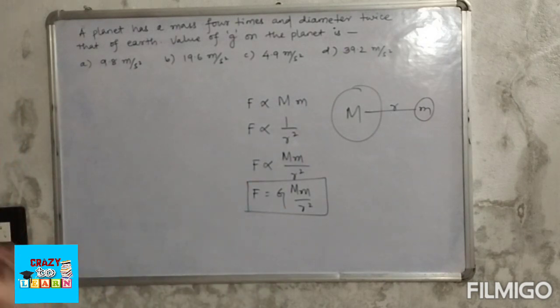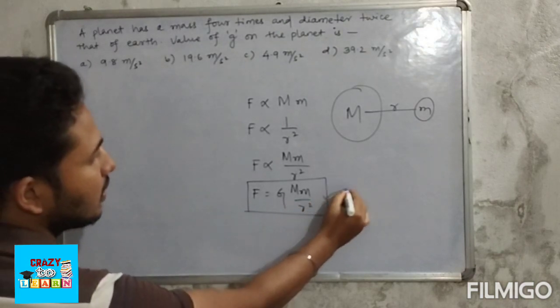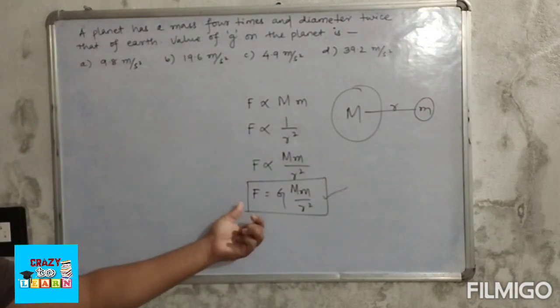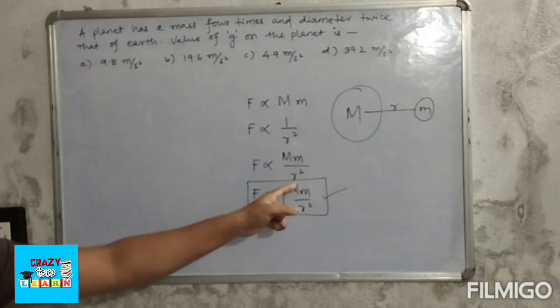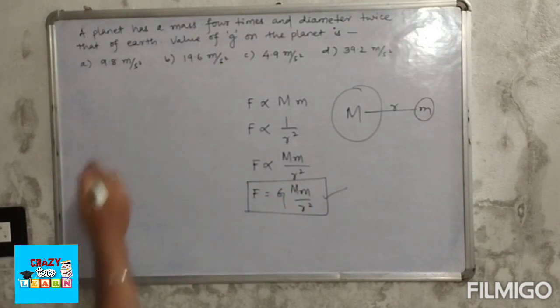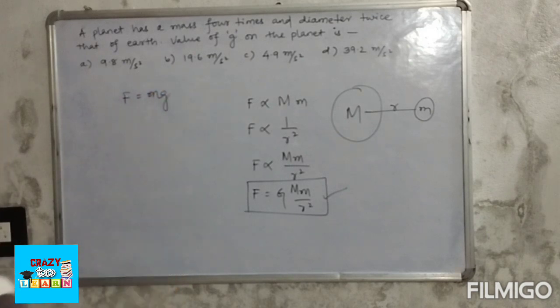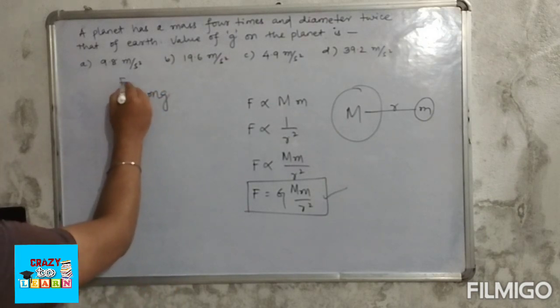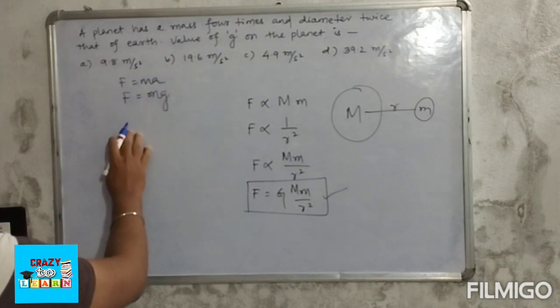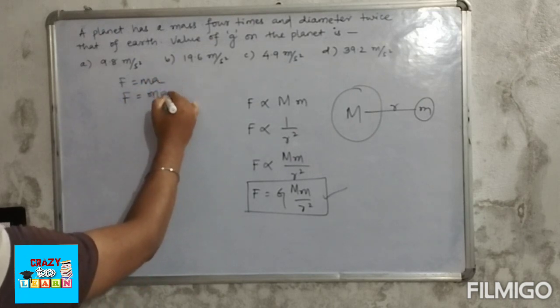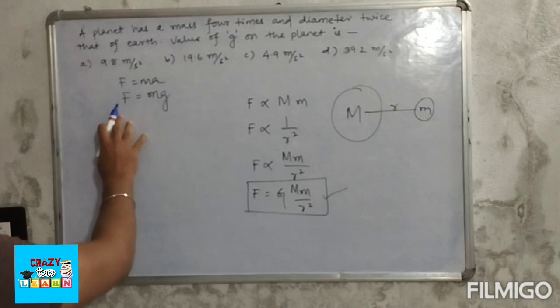Clear? All clear? Now again we got a formula: F is equal to capital G capital M small m by r square. Then we also know that F is equal to mass into acceleration, F is equal to ma. So here the acceleration is the acceleration due to gravity, so you can write F is equal to mg.